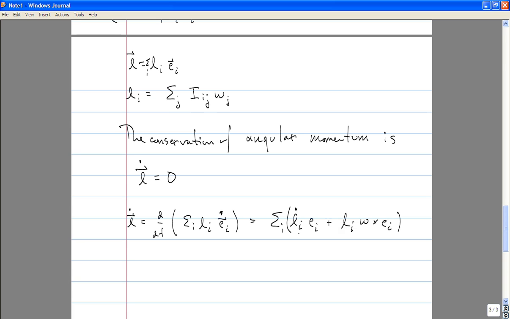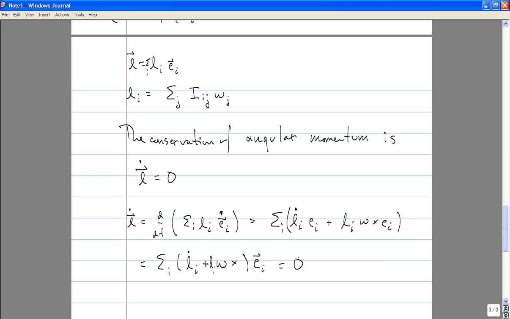Now we can just go ahead and plug in our expression for Li. So this expression is the sum over i of Li dot Ei plus Li times omega cross Ei, which has to vanish.